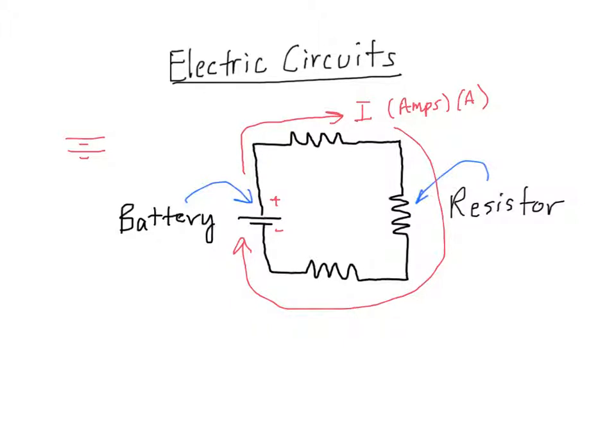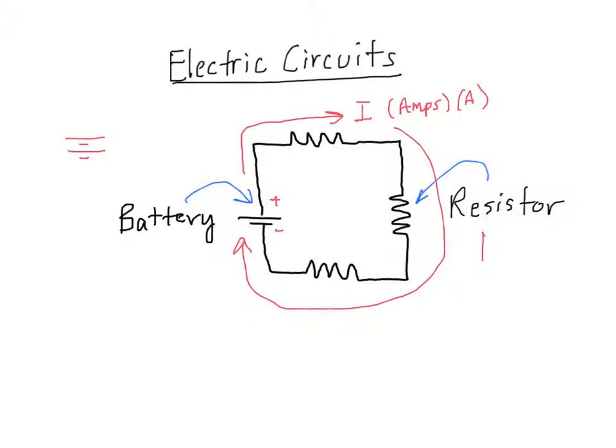The copper wire, in this case, would be represented by these black lines, and that would be the pipe itself. And the charge that moves through the conductor would be like the water going through the pipe. And these resistors would be like constrictions in the pipe, where the pipe narrows down, so it's harder for the water to get through. So that's kind of what a resistor is.